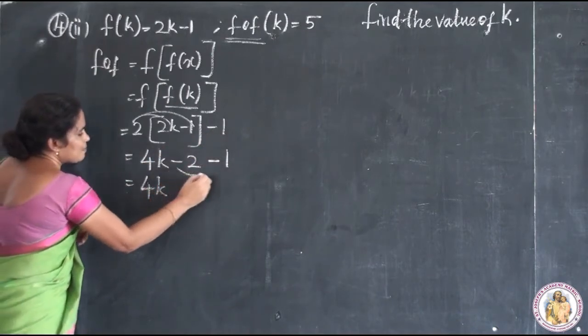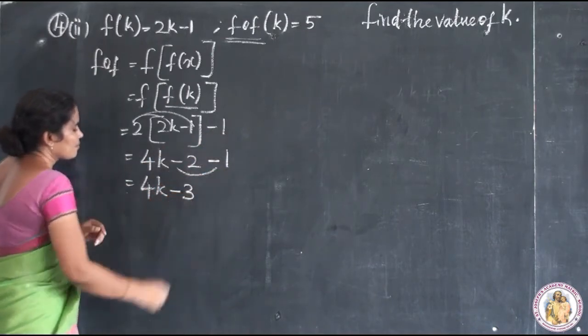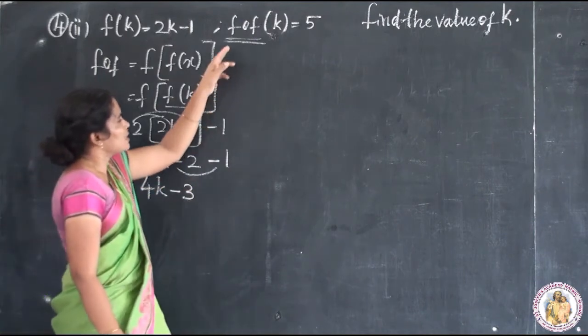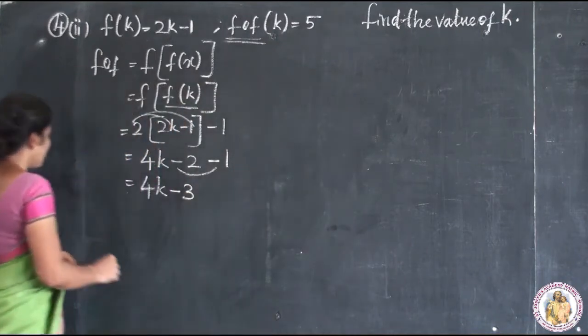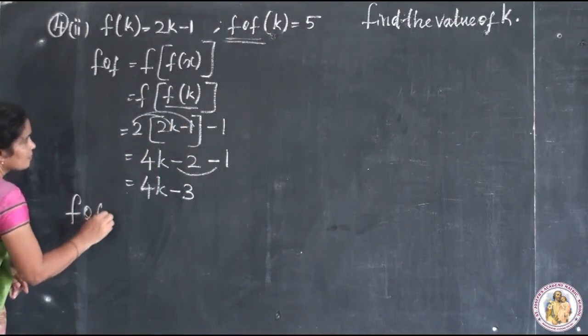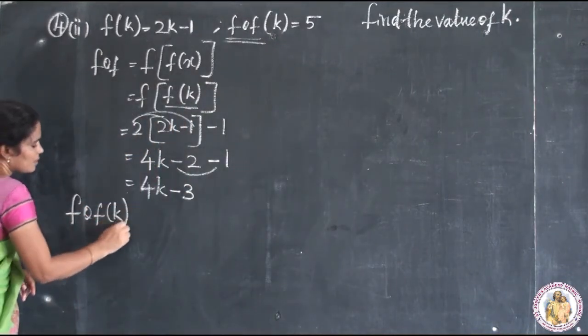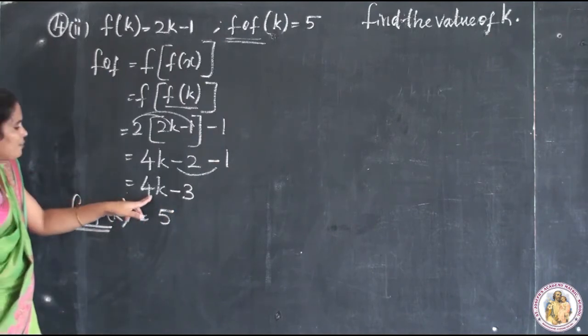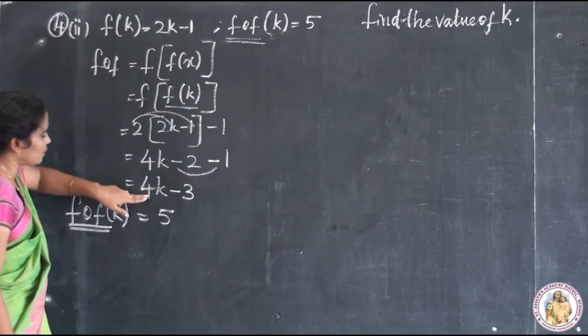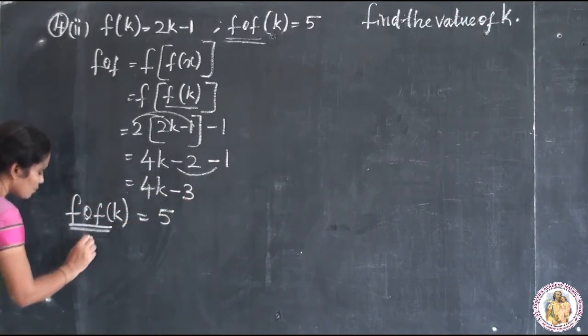4k, same sign, minus 3. And again in the question it is given that f of f of k is equal to 5. Here we have found f of f is equal to 4k minus 3.